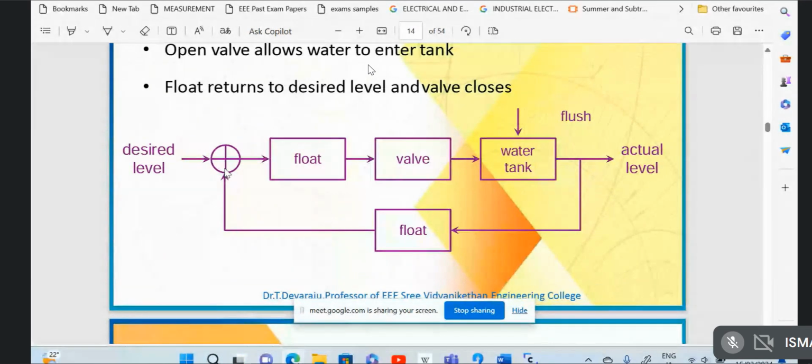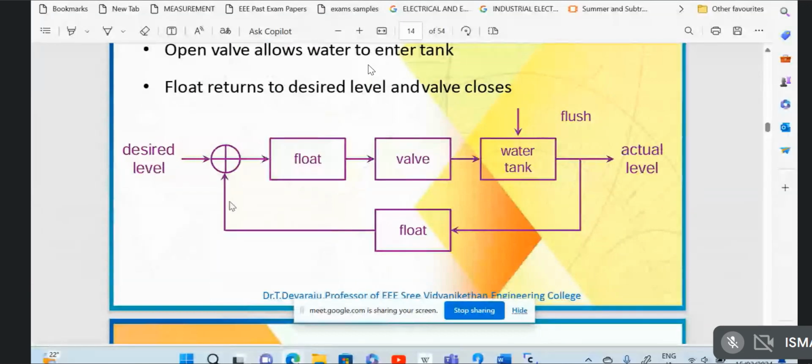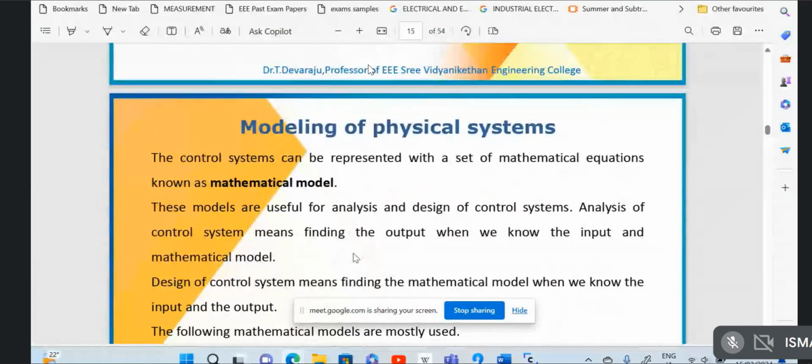The float is connected to a valve, so it will open the valve, and the water will flow to the tank to give it the actual level. When there is a flush, it is fed back, and everything works like that.